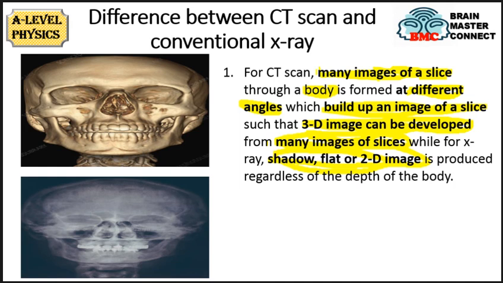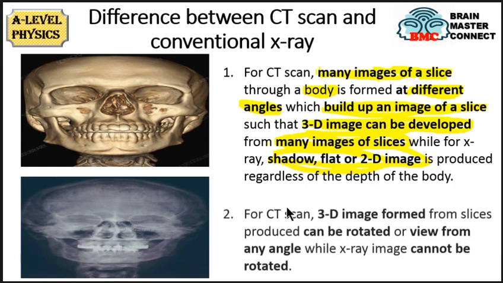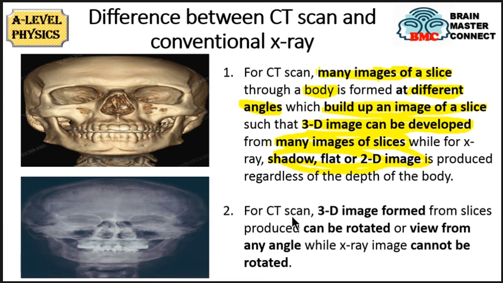Meanwhile, there are other differences between the CT scan and the conventional X-ray. Number 2, for CT scan, the 3D image formed from slices produced can be rotated. That is one of the unique features of a CT scan.